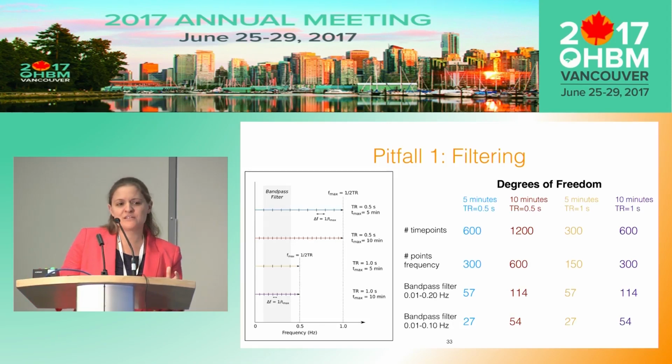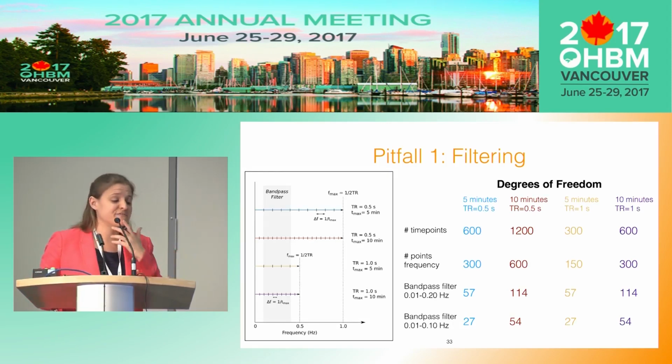But the bigger issue that I want to bring up is this idea of degrees of freedom and what filtering does. This is a schematic on the left of different fMRI time series in the frequency domain. The maximum frequency that you can resolve with your time series is related to your sampling frequency of the original data, your repetition time, so TR. So the maximum frequency is 1 over twice your TR. And the sampling of frequencies within that range has to do with the length of your total scan.